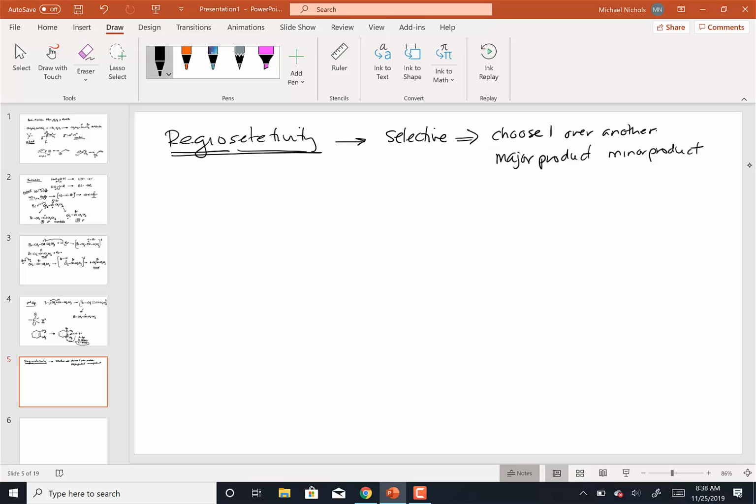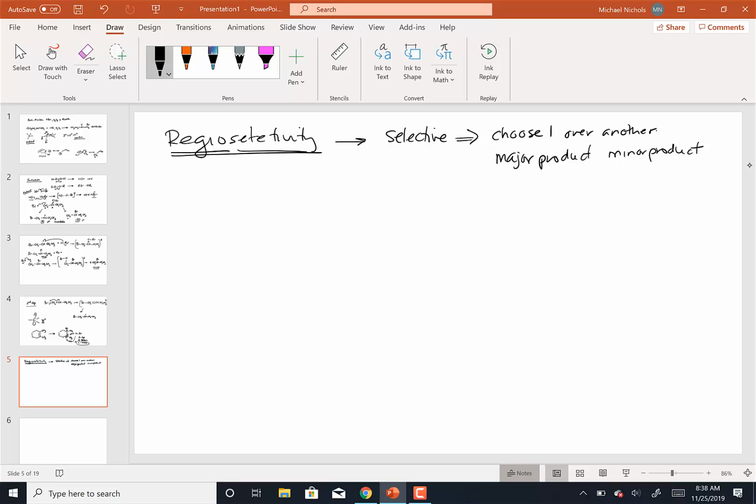Okay? And here is the other thing about these terms that doesn't quite make sense, but this is the way they've defined it. The minor product may be 0%. The major product can be 100 to 0, or it can be 50.1 over 49.9.